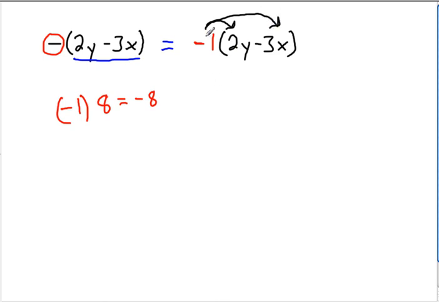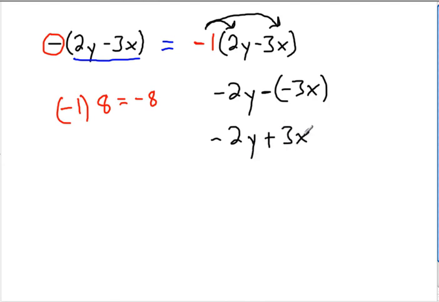And so we get -1 times 2y is going to be -2y. Now minus -1 times 3x. So -1 times 3x is -3x, right? So what we actually have here is -2y plus 3x, which makes sense because the opposite of this positive number should be negative, and the opposite of this negative number should be positive.